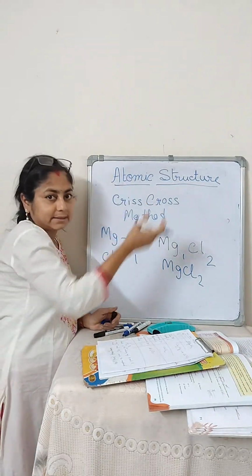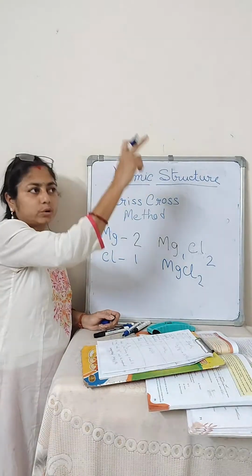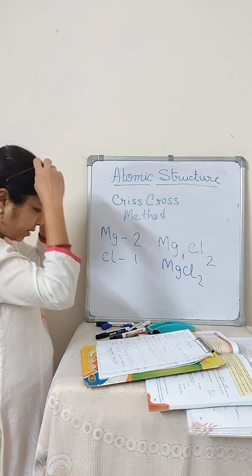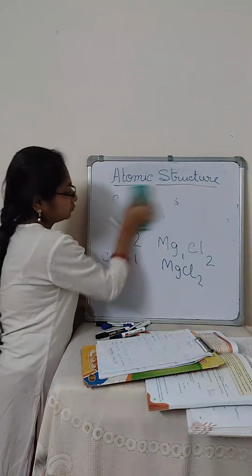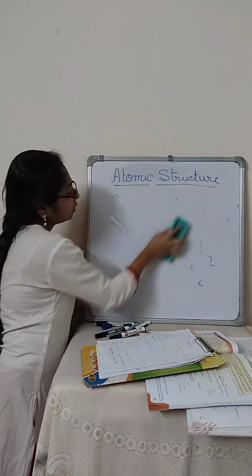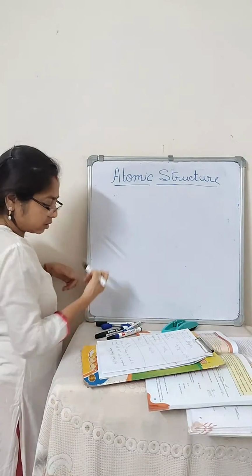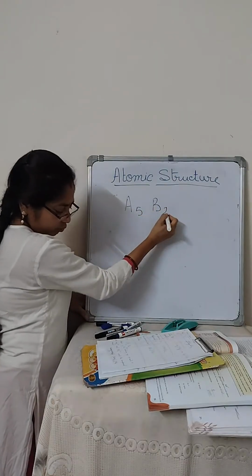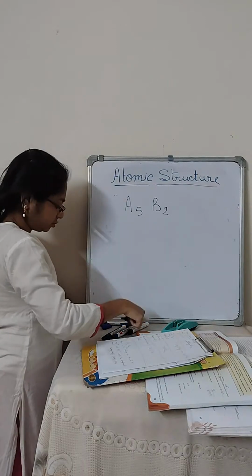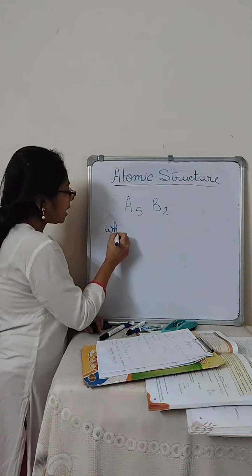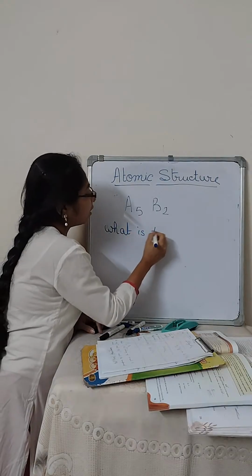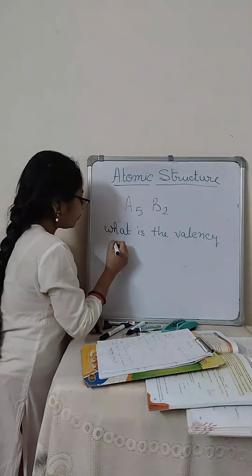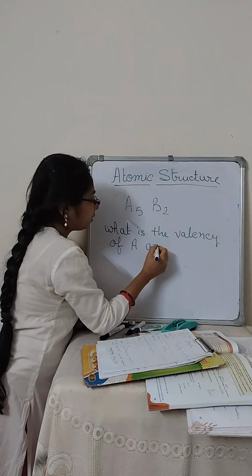MgCl2. It is called the crisscross method. It means first you write the symbols and the valency, and crosswise you write the valency. Okay? Now I will tell you something. Now you find out A5 B2. What is the valency of A and B?